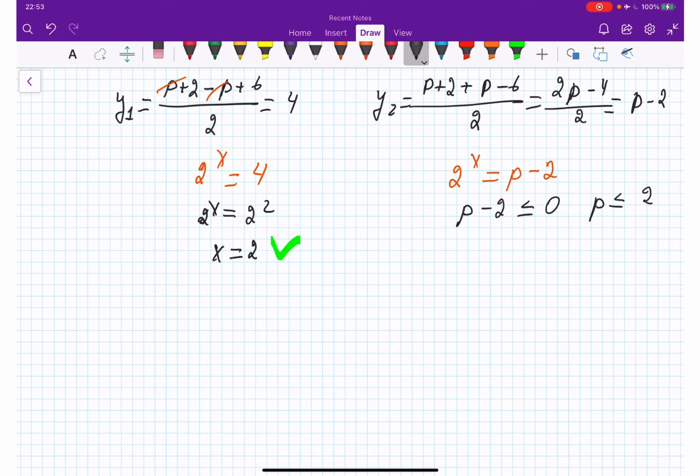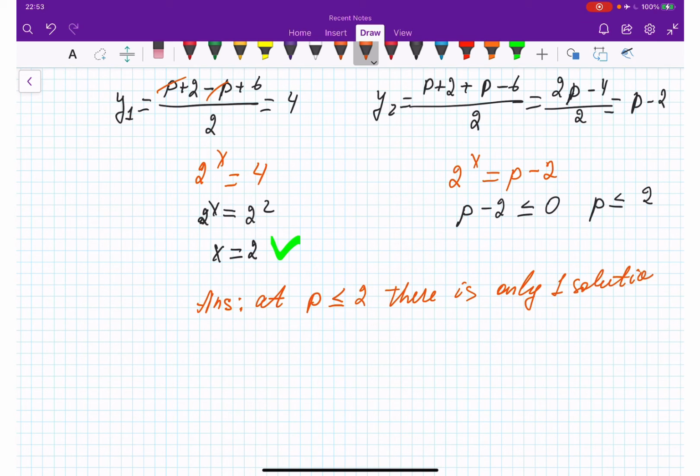All right, so the answer here is going to be: at p less or equal to, there is only one solution, and that is x is equal to.